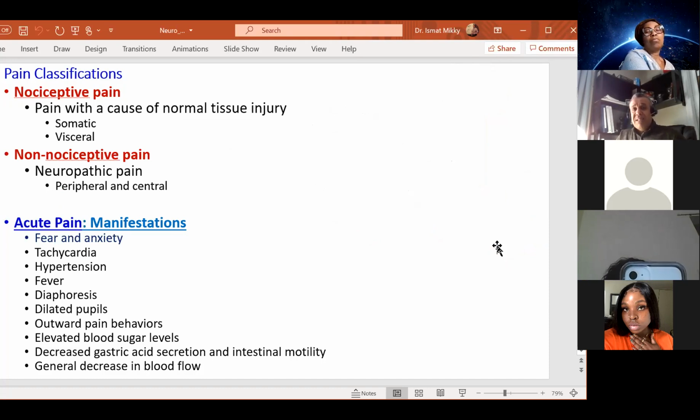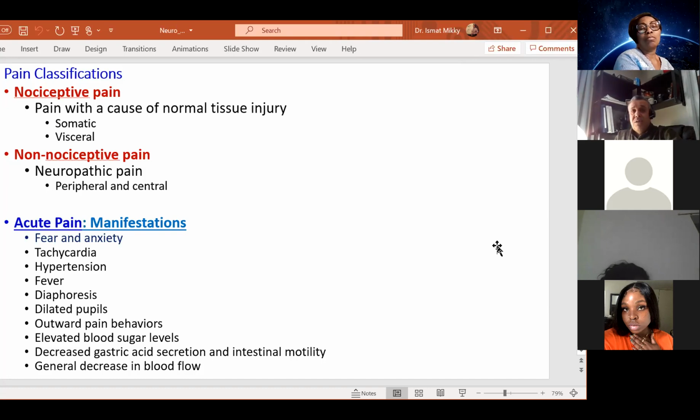You feel that pain is more superficial. It's not internally coming from the organ, which is visceral. It could be non-nociceptive pain, like neuropathic pain. Like patients who are diabetic, they develop a neuropathic pain, peripheral and central.